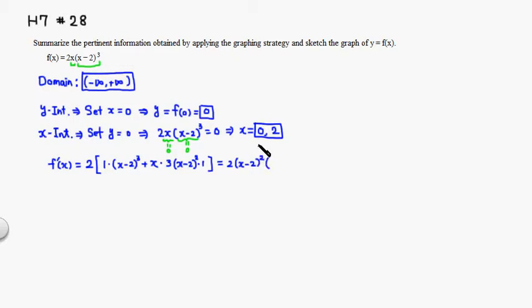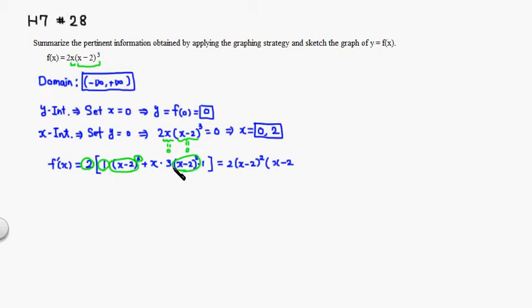What's left is another x minus 2 from the first term, which takes care of the cubed term, and 1 is already taken care of.